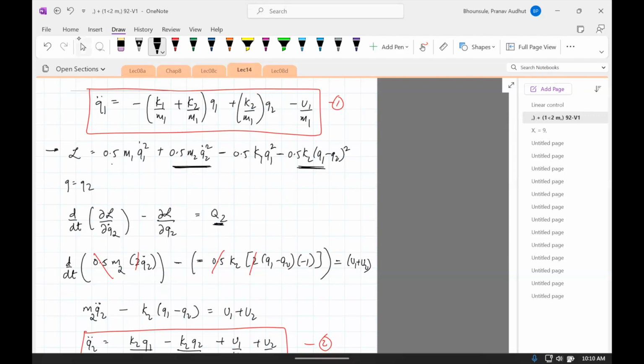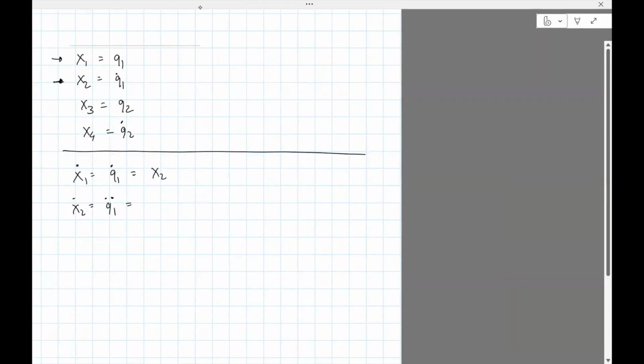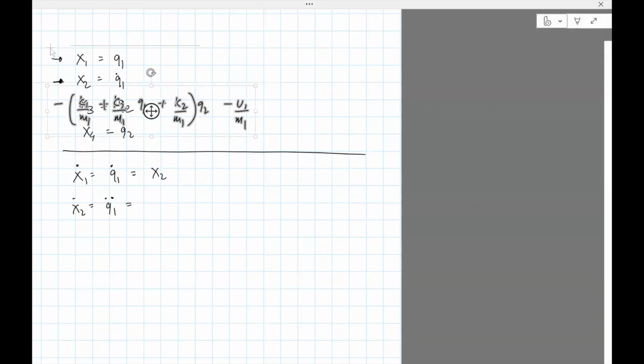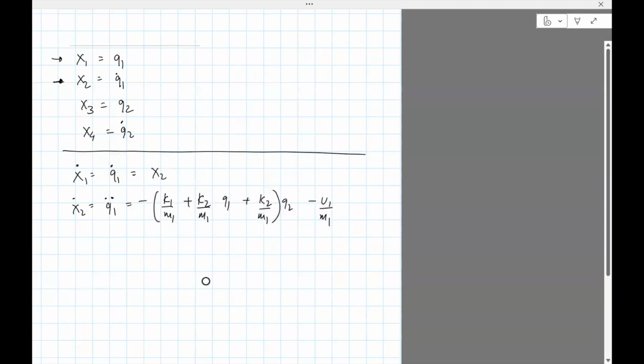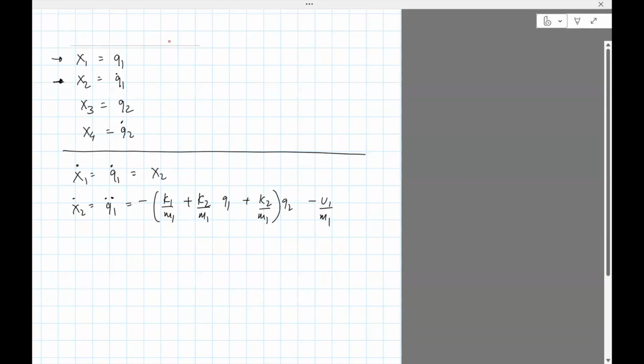So I can just take this and copy. This is from equation 1.